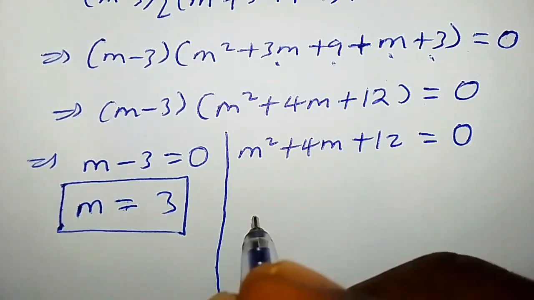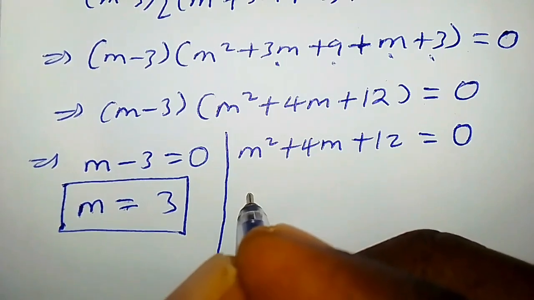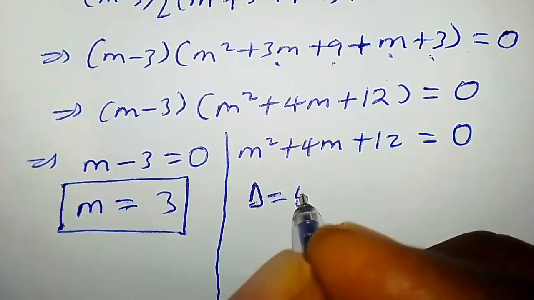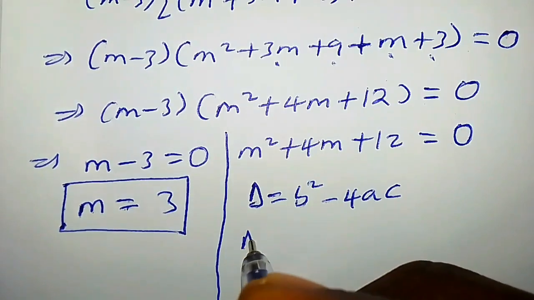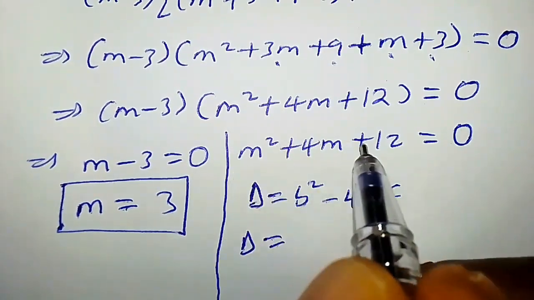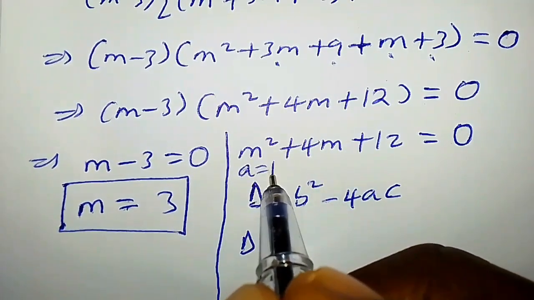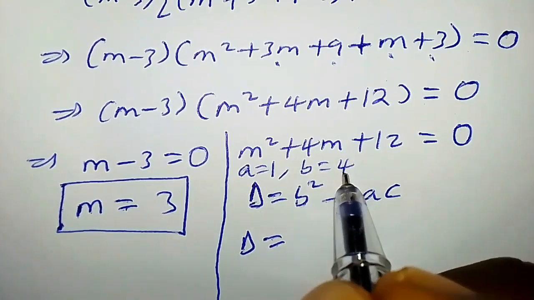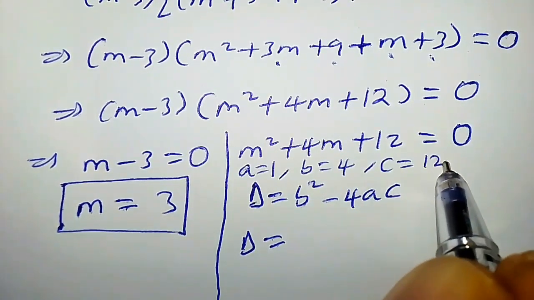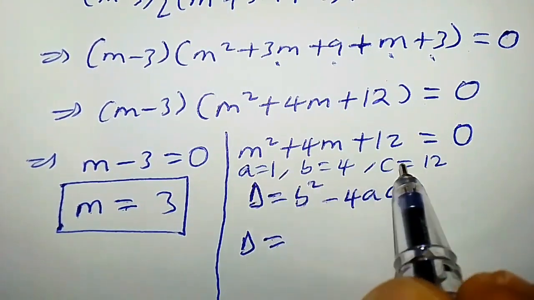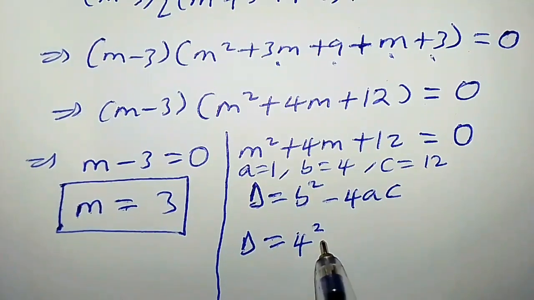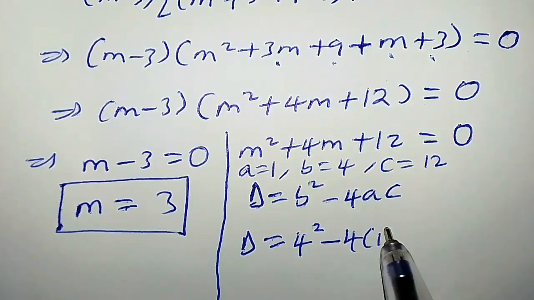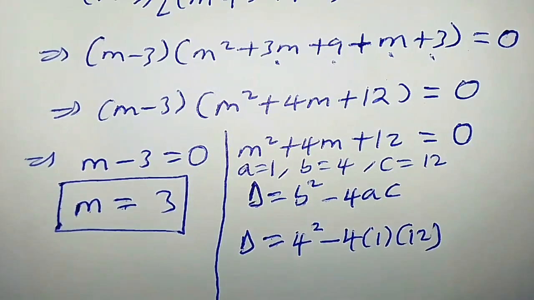Let's confirm that using the discriminant formula. D equal to b square minus 4 times a times c. From this equation, a is equal to 1, b equal to 4, c equal to 12. So plugging these values here, we have 4 square minus 4 into 1 into 12.